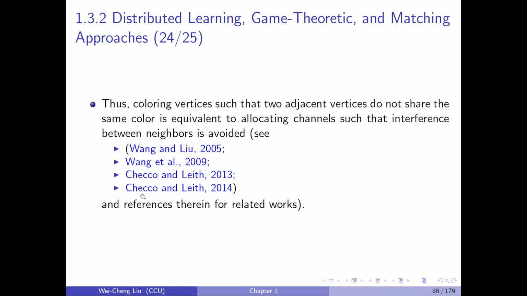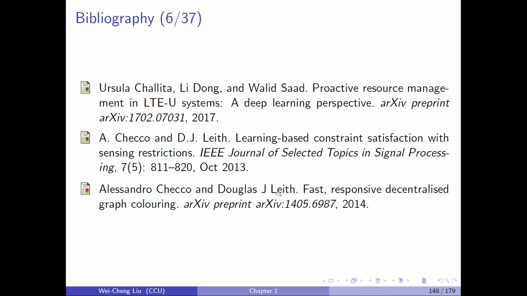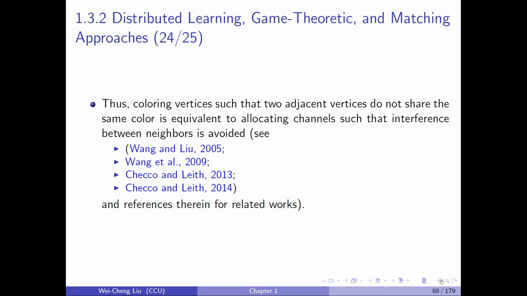And the last one is Checco and Leith in 2014. The paper title is Fast, Responsive Decentralized Graph Coloring. arXiv preprint in 2014. And the references therein for related works.